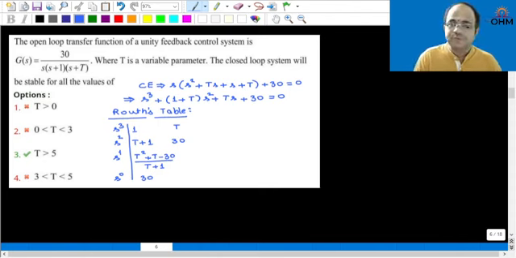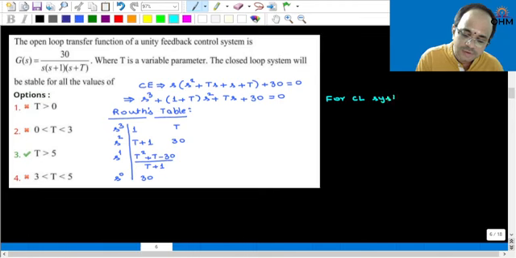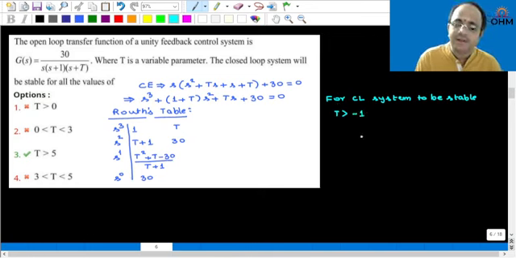So, for closed loop system to be stable, what is the condition? First column elements should be greater than 0 or positive number. Therefore, one condition will be T greater than minus 1, another condition will be T square plus T minus 30 should be greater than 0.